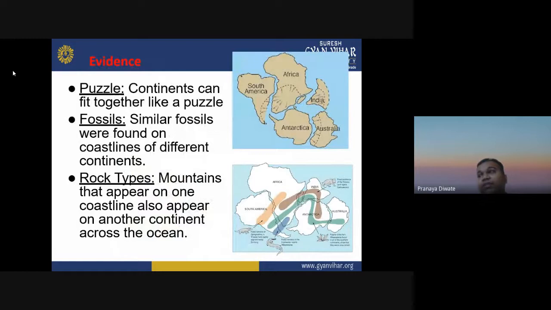So what is the evidence behind this continental drift theory? You may know about the puzzle game.